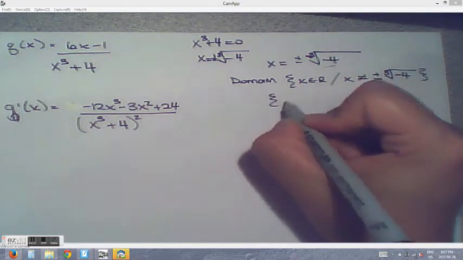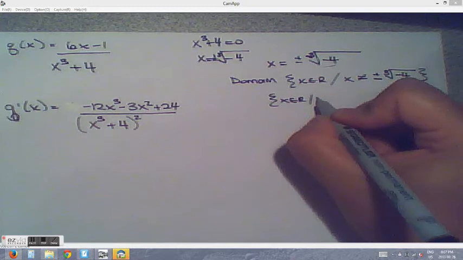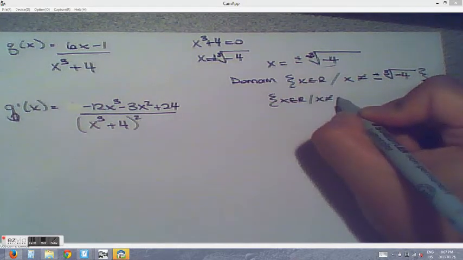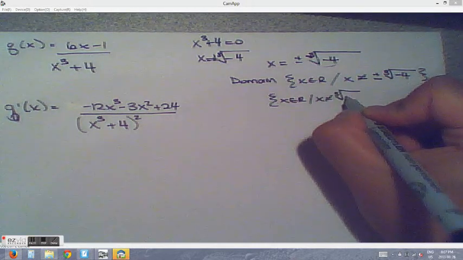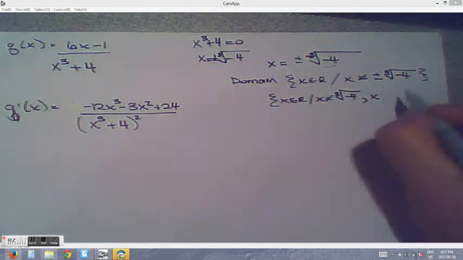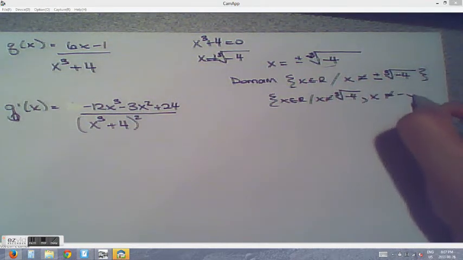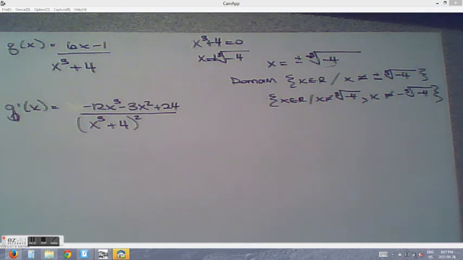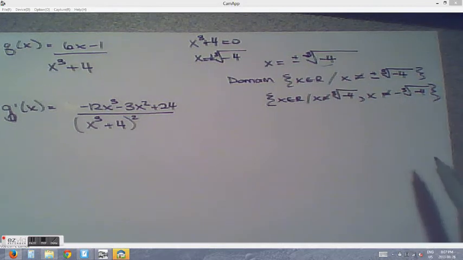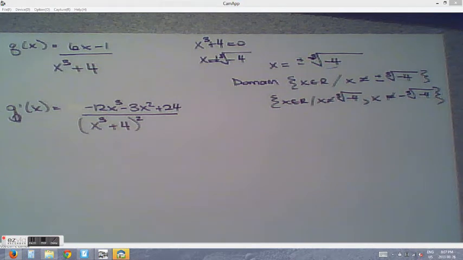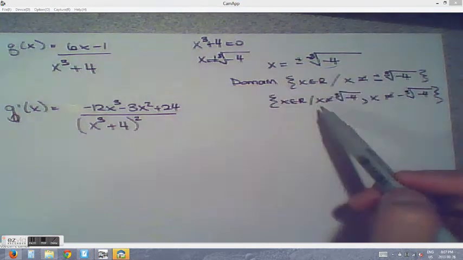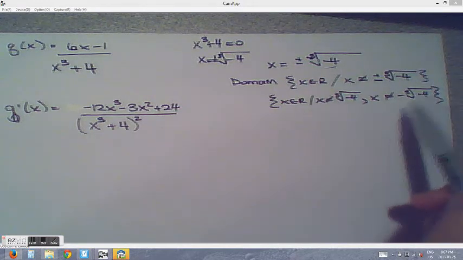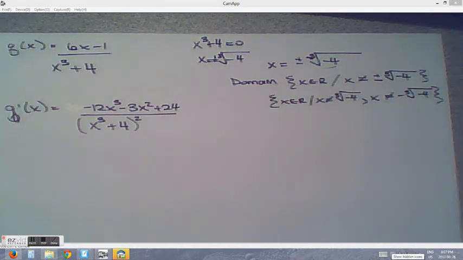You could do that if you'd like here, such that x is not equal to positive third root of -4, and x is not equal to the negative third root of -4. I'm going to accept either or. All right, so let's figure out the domain of the derivative, which is going to be the same as the original function. So that would be the statement that you would write as well for the derivative.